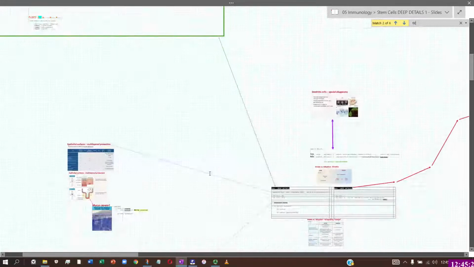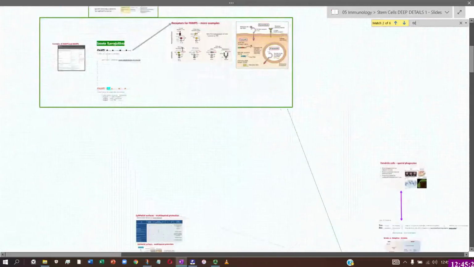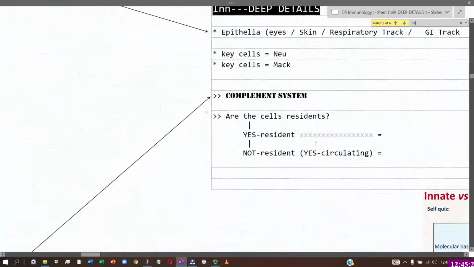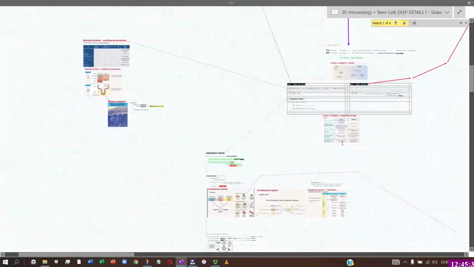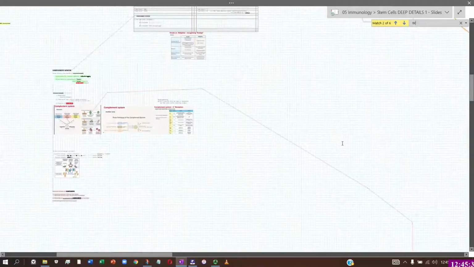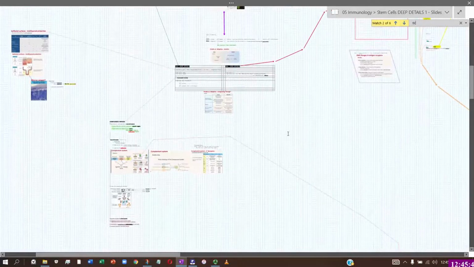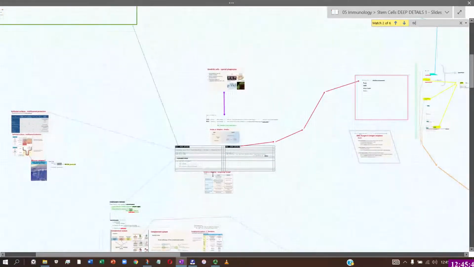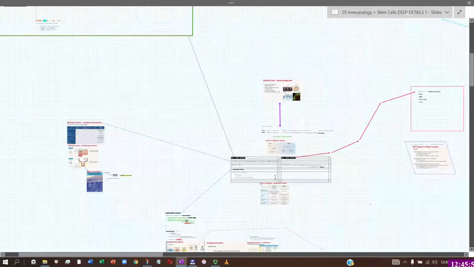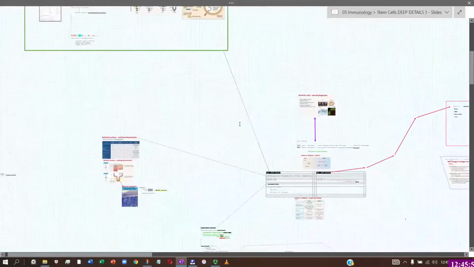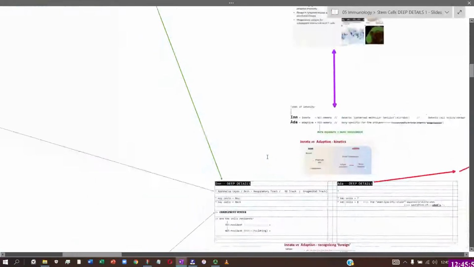So we have to go up, and the thing about receptors are for innate immunity, and notice this is all stuff that stems to the left of this diagram, of this summary graph. All of that stuff pertains to innate immunity.